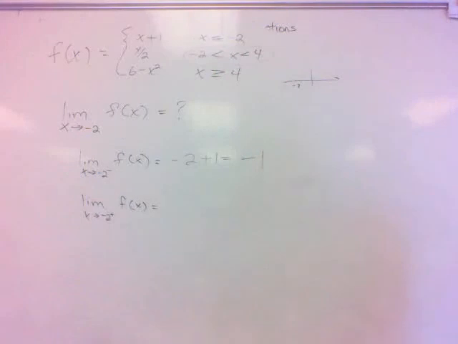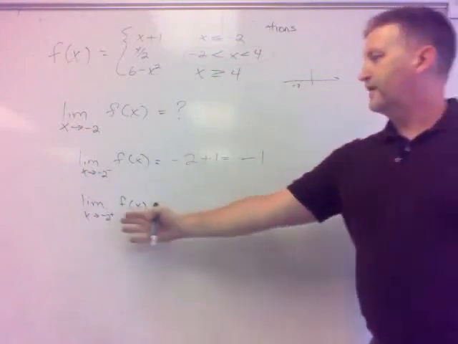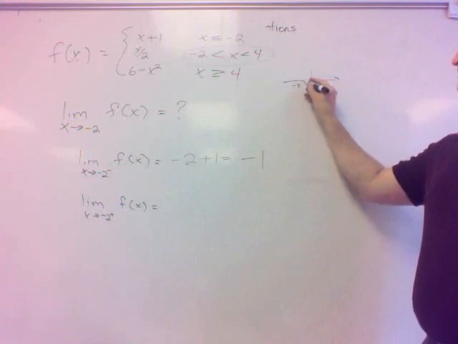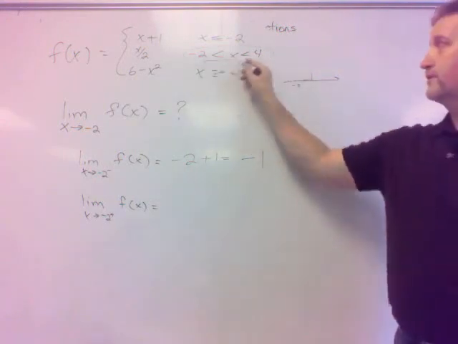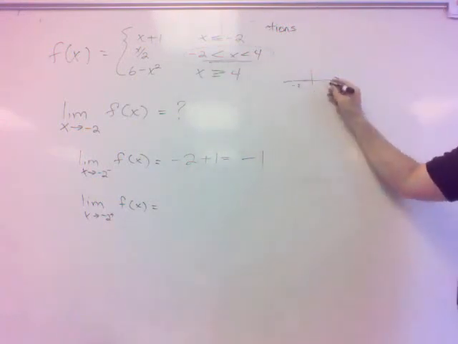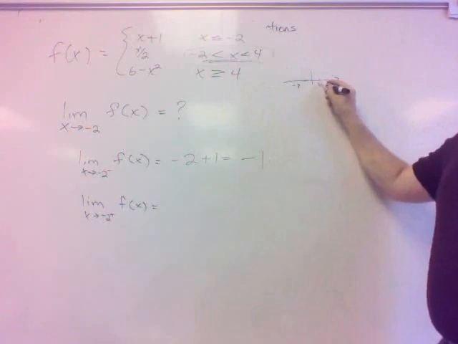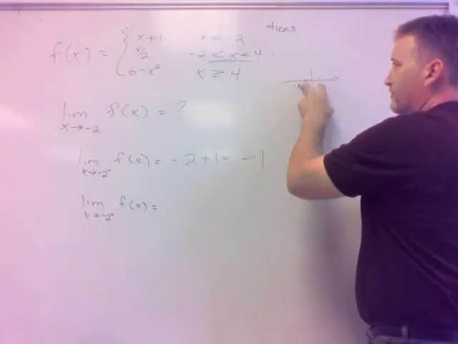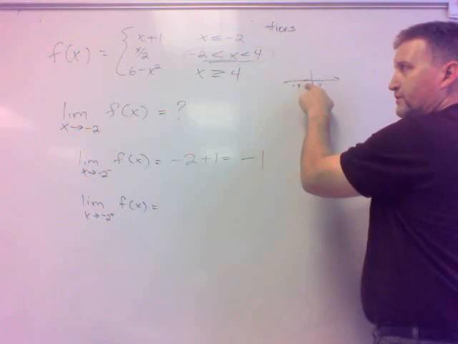If I approach negative 2 from the right, that's the greater than side of negative 2, well, that would include this one, wouldn't it? Because this one is everything from negative 2 to 4. You use this one. So that would be from this side of negative 2.